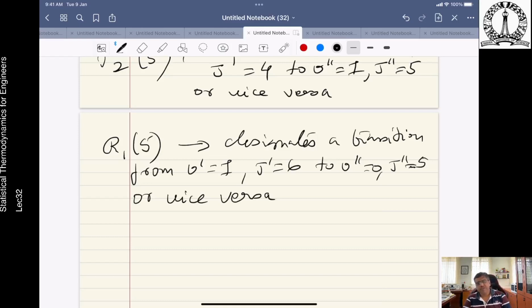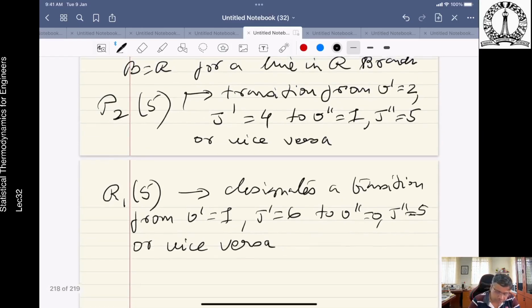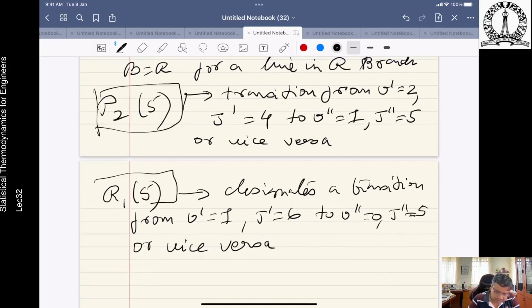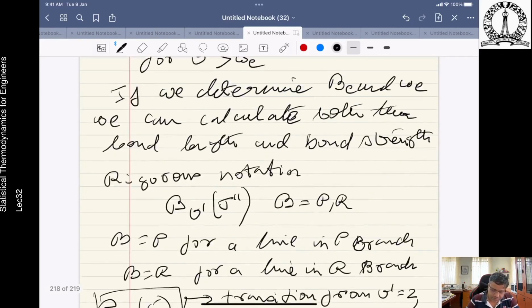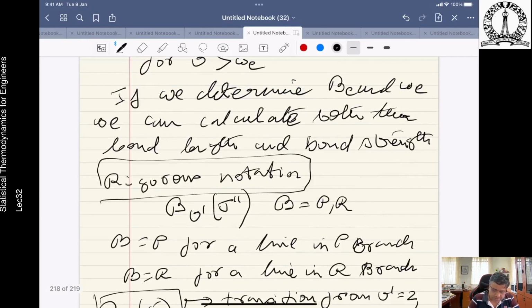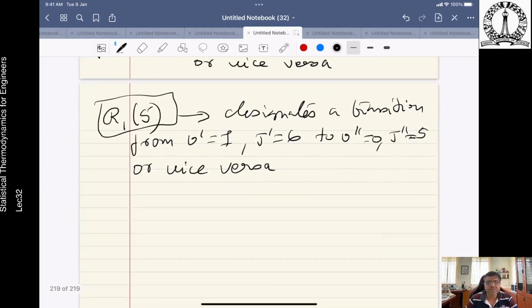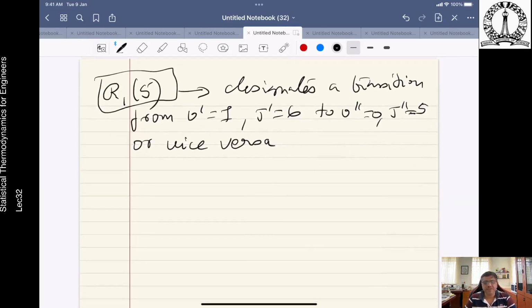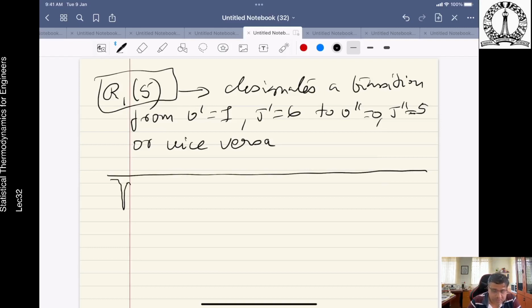So this is what a P line should look like, a sample, and this is what an R line should look like. This is more for a rigorous notation of the Ro-vibrational spectroscopy that we see here. Let's look at a simple spectrum like this, also in the book.